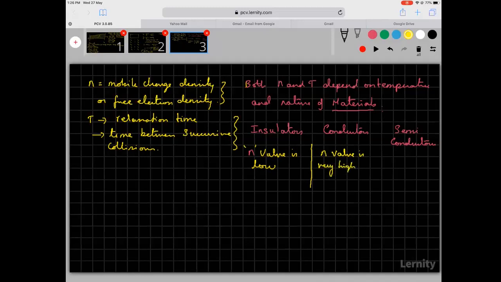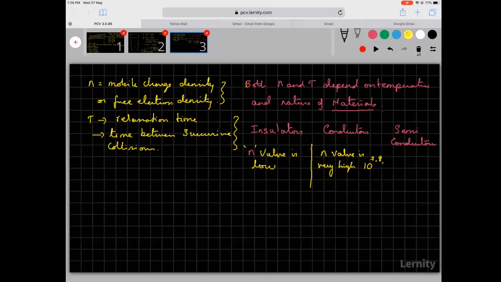It could be 10 power 7, 10 power 8, even much more than that, 10 power 18, per unit volume. Different conductors have different values of N.